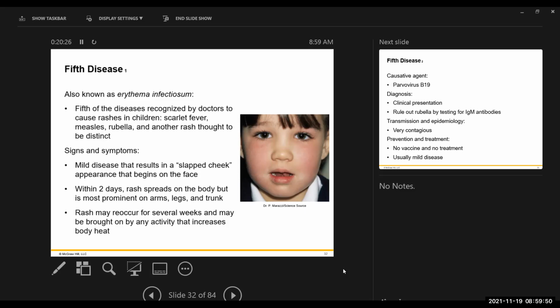As the flu symptoms start to improve, there's a maculopapular rash that breaks out on both cheeks. And you get what's called a slapped cheeks rash.